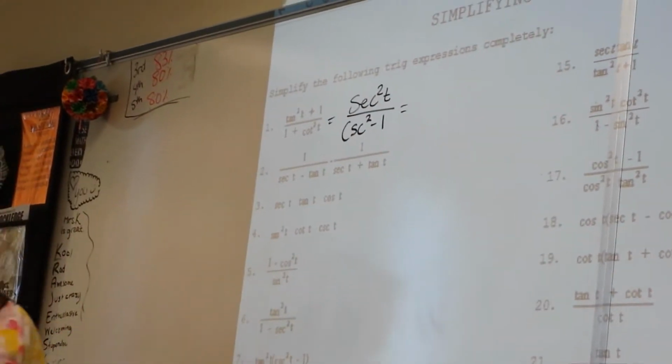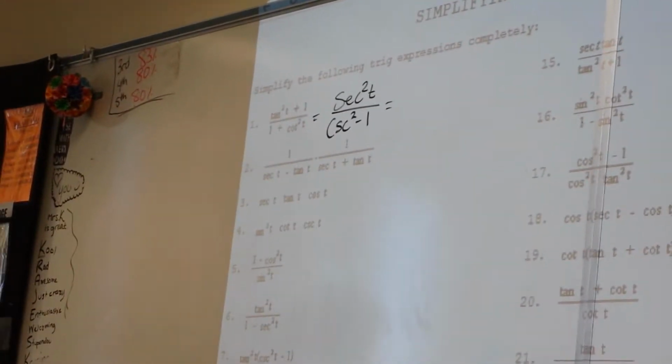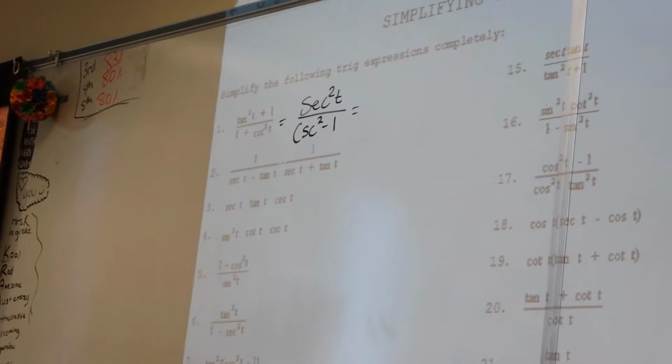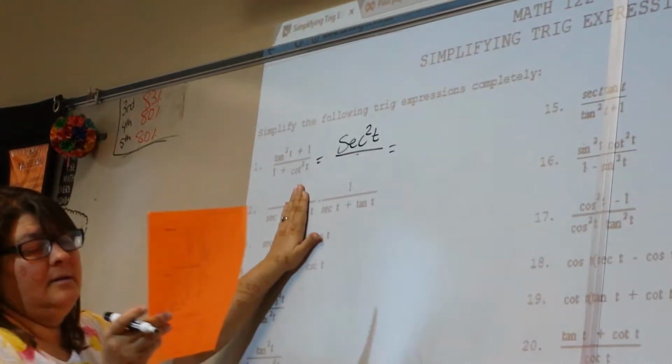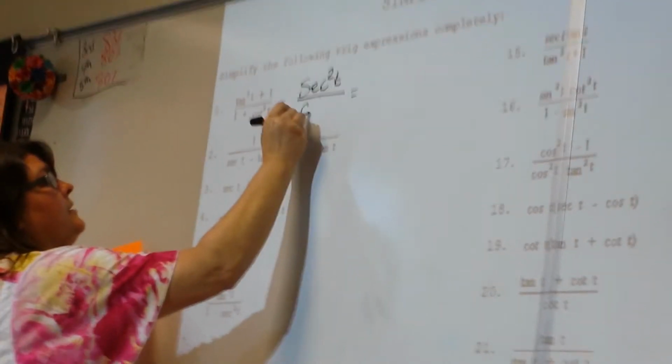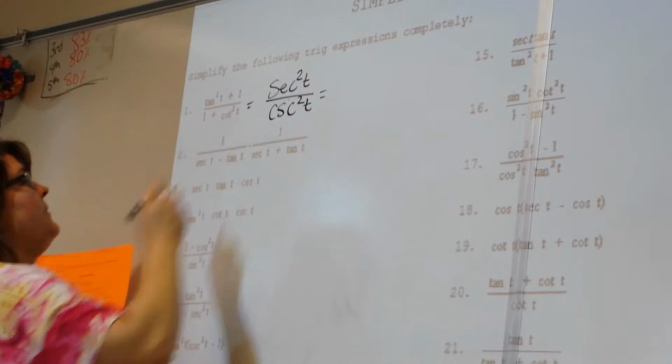Okay, did that get me anywhere? Wait, why is it minus 1? It's minus 1. Yeah, it is. Because the first one is... Oh, no, it's not. It's just cosecant squared. Thanks, Lance. Sorry. I was looking in the right place, looking for love in all the right places. So we have secant squared over cosecant squared, right?